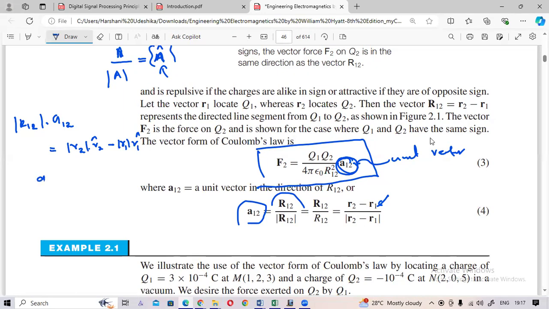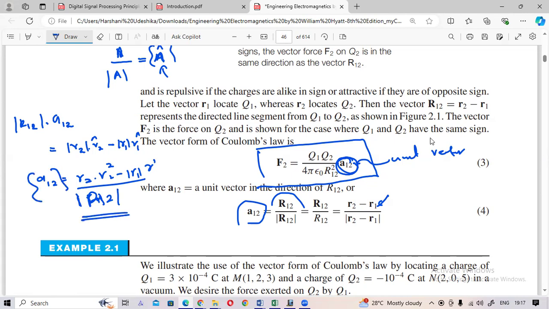Then you can find A12 as R2 hat minus R1 hat divided by capital R12 magnitude. So likewise, you can find this A12.